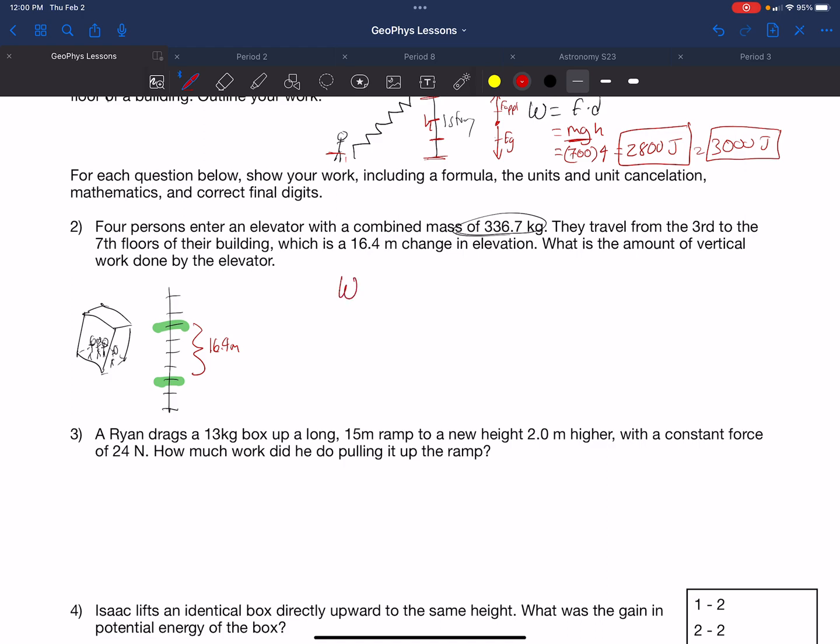Well, that vertical work, which we know is equal to the change in potential energy, is mass times gravity times the change in height. So the mass we know is 336.7. The gravitational field strength is 9.80665, and the height is 16.4 meters.